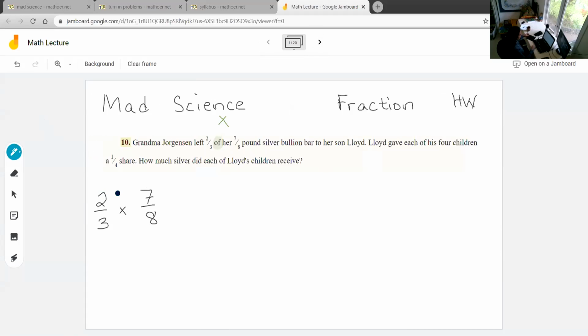If I want to not have the number 16 show up on the page, I could divide by 2 with canceling. And so Lloyd gets 7/12 of this bar. We're not done, but are you okay with that one step?